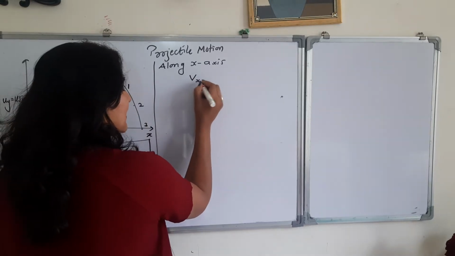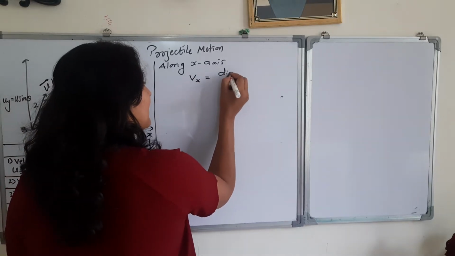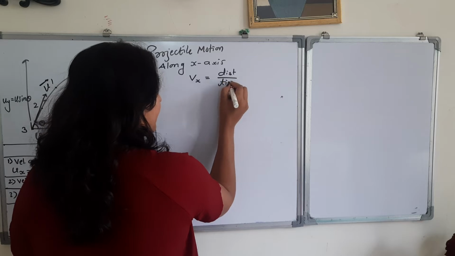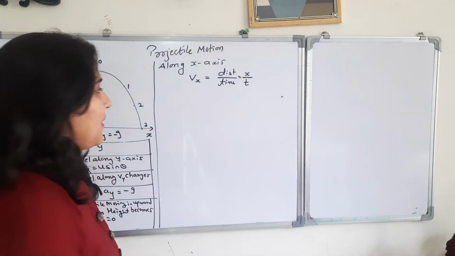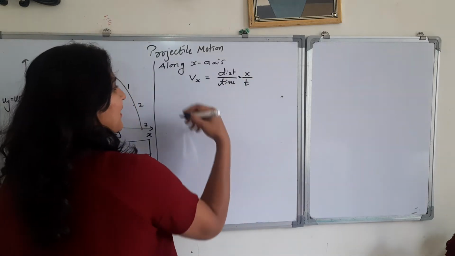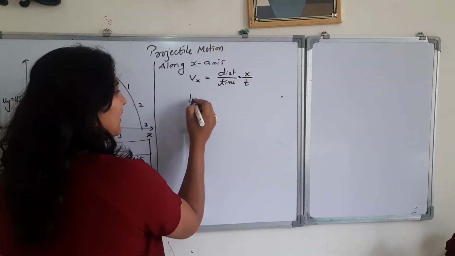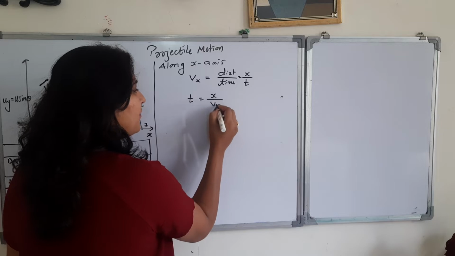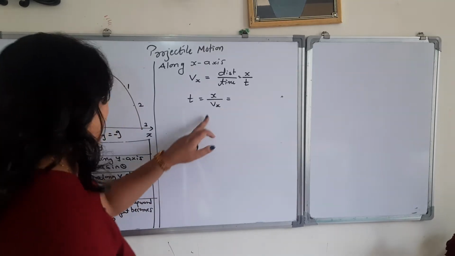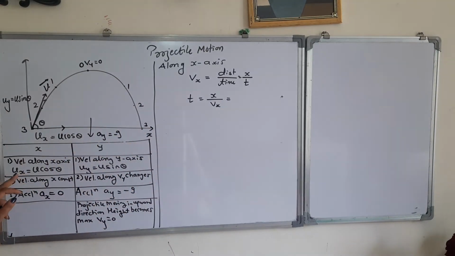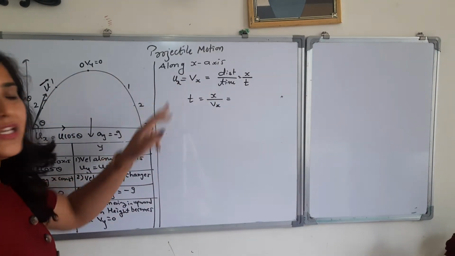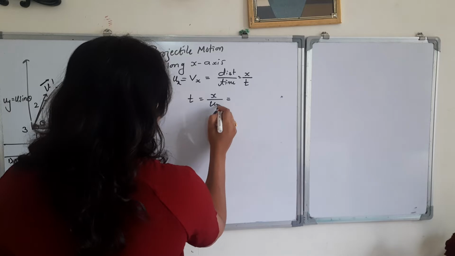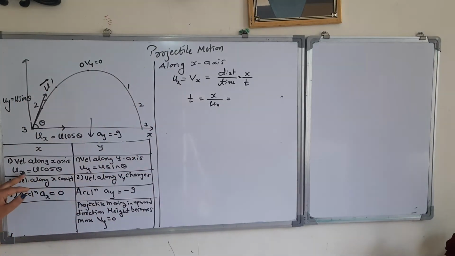Velocity along the x axis, vx, is equal to distance upon time. Is that clear? This distance is how much? x upon t. Does that make sense? So if I write this equation again, t equals x upon vx, but where I have written vx, instead of v I have used ux. u is the initial velocity, so I would write ux. So what is the equation of ux?